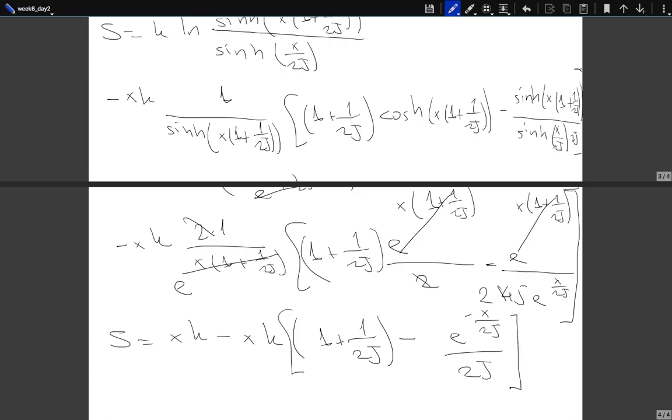Why was there a 4 over there? Well, because here we have a factor 2j. Secondly, sine hyperbolic has that additional 1 over 2. Both sine hyperbolic and cosine hyperbolic have in their definition that 1 over 2. So that makes it a 4. But we also have again a 1 over 2 factor in the numerator and denominator.